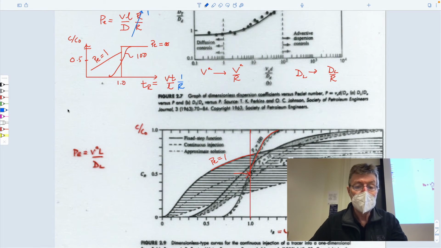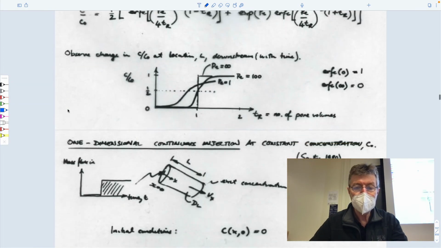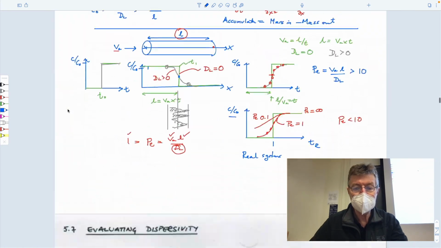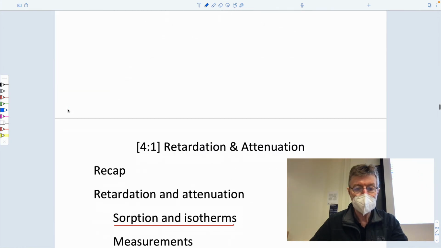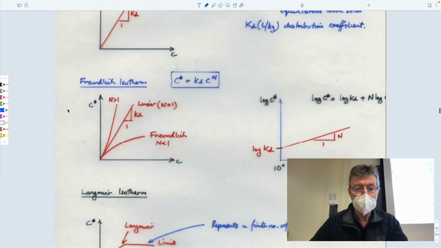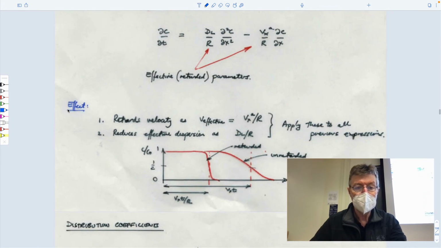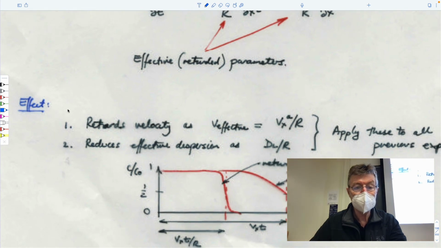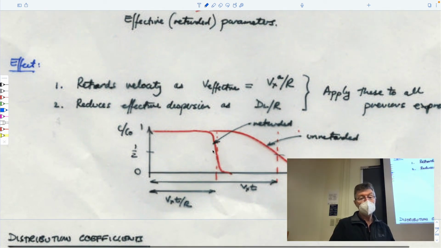Okay. So the bottom line is that, and I think there's one figure in this which kind of epitomizes this. Not drawn this time, but drawn previously. It makes that case. This figure at the bottom. So these are the two important behaviors. Is that the retardation retards the front, makes it go slower because it's sorbing material.